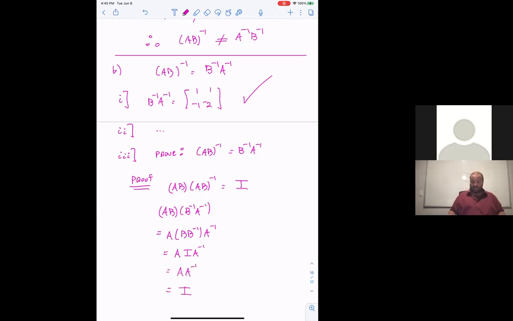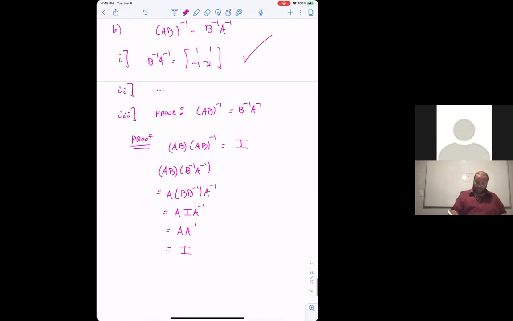And since multiplicative inverses are unique, therefore, AB inverse equals B inverse A inverse. Of course, we only did it on one side. Technically, it should be done for both, but let's not worry about it. Therefore, well, let's do it for both, just for completeness' sake. If I do B inverse A inverse times AB, as you can see, same idea holds.